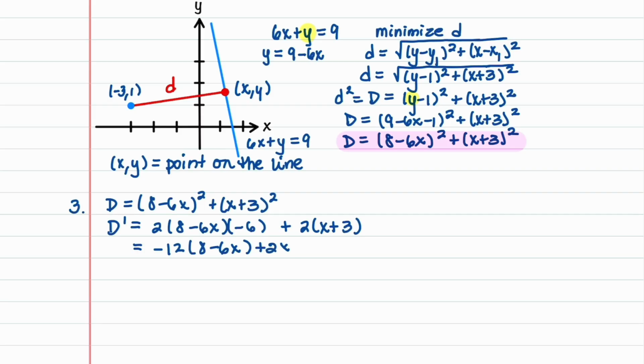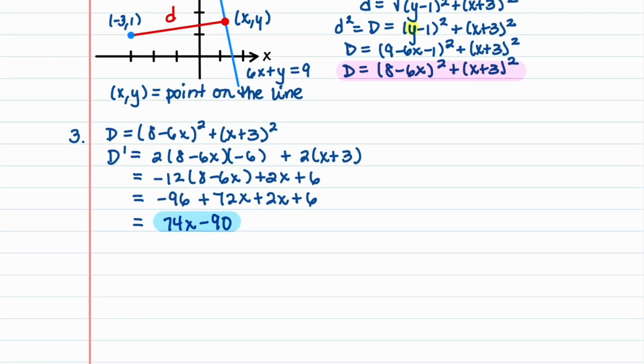Plus 2x plus 6. This gives us minus 96 plus 72x plus 2x plus 6. And this leaves us with 74x minus 90. And I'm going to highlight that because we're going to need that in a few minutes.